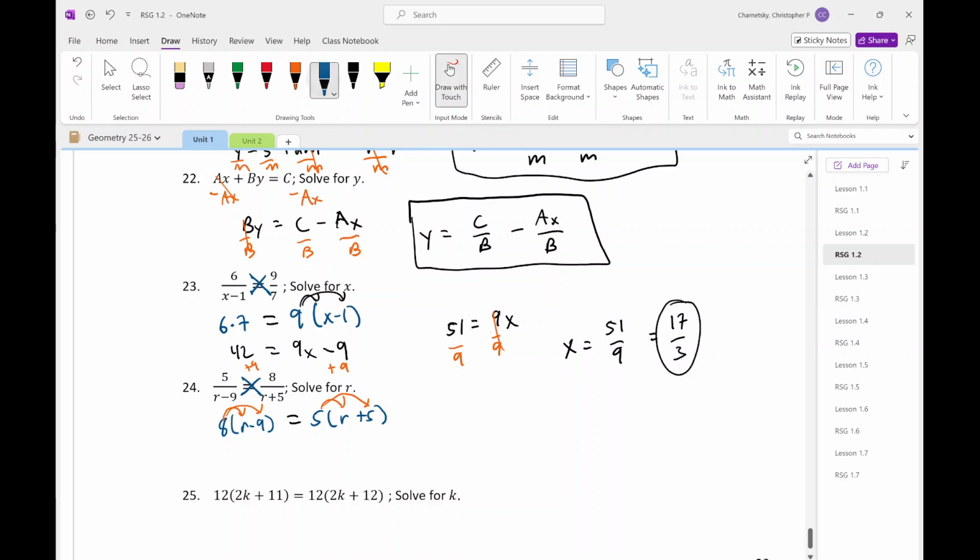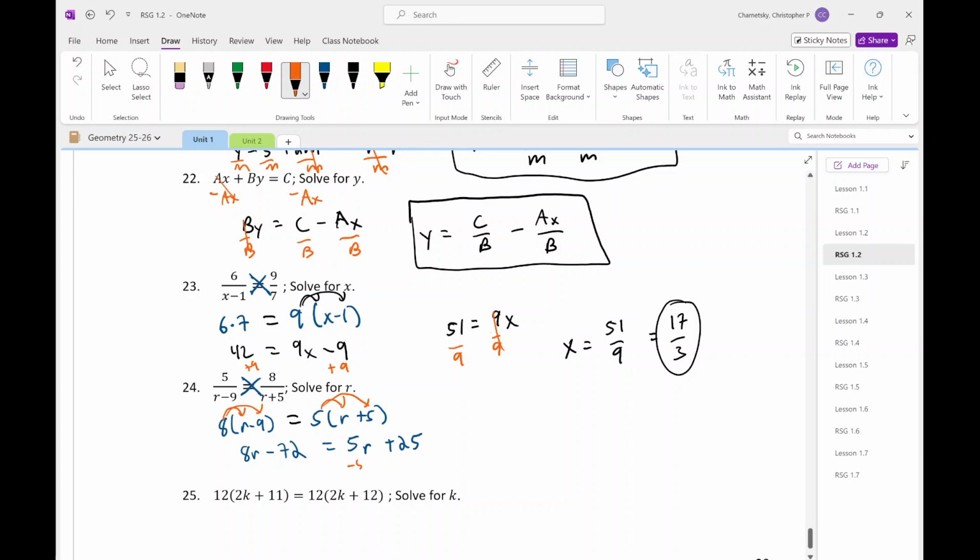So 8 times r is 8r, 8 times negative 9 would be minus 72, 5 times r is 5r, 5 times 5 is 25.